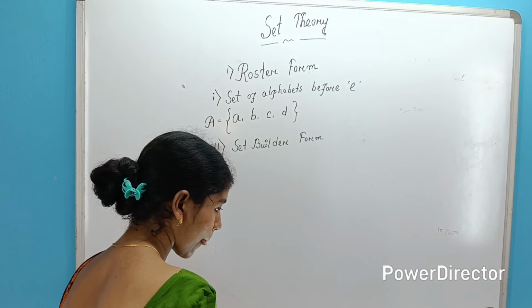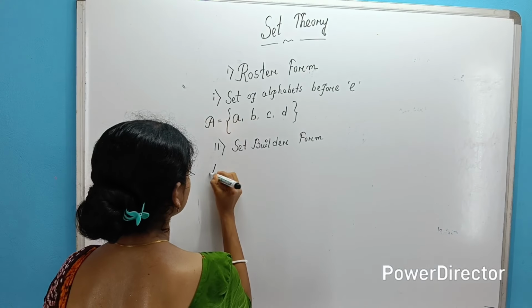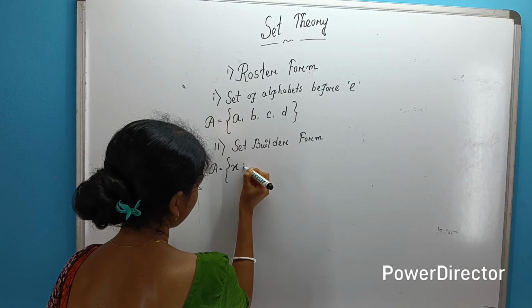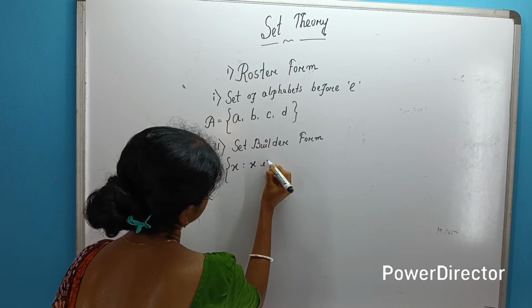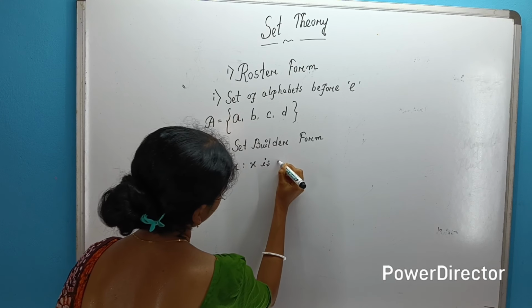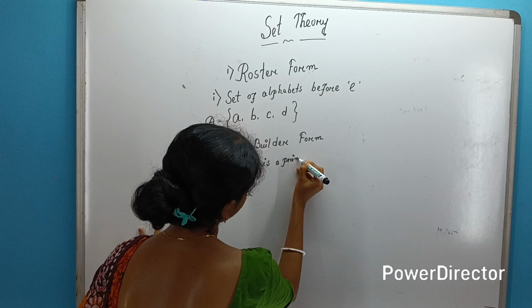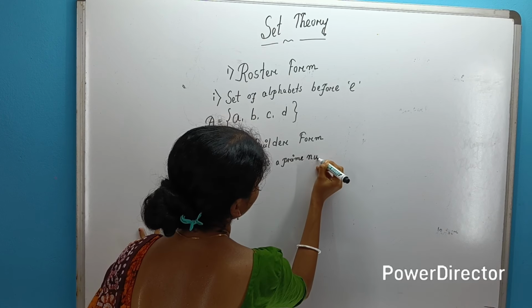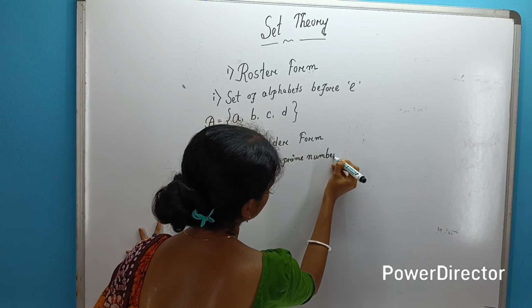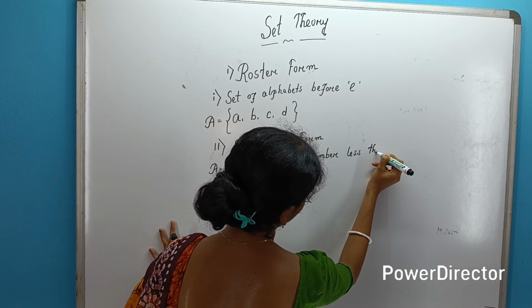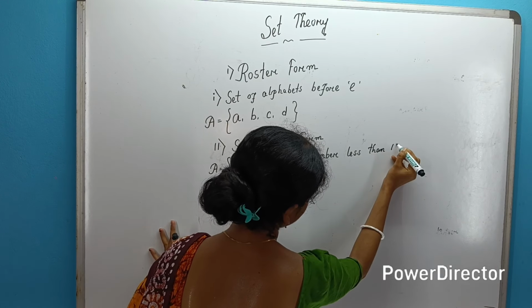Another example: A equal to x such that x is a prime number less than 11.